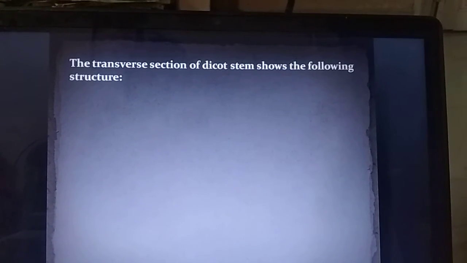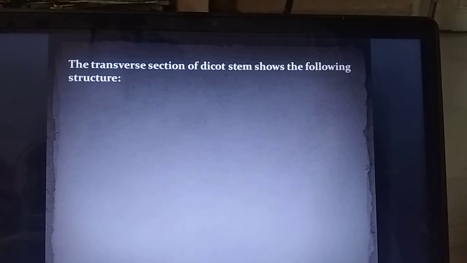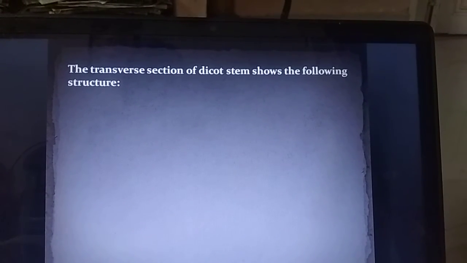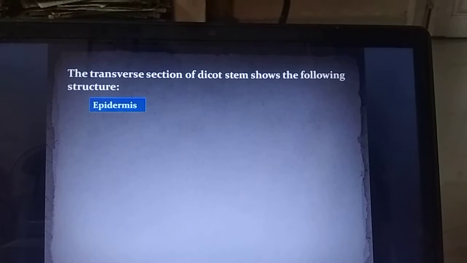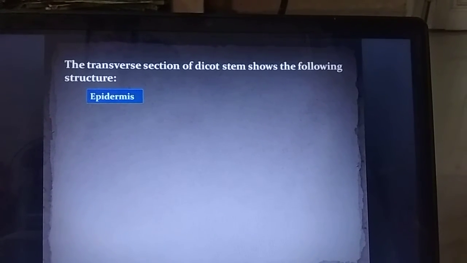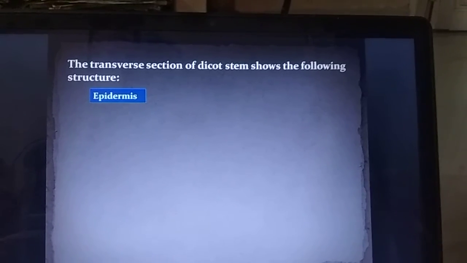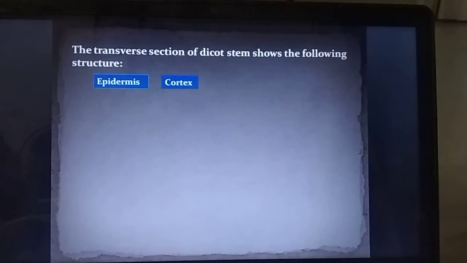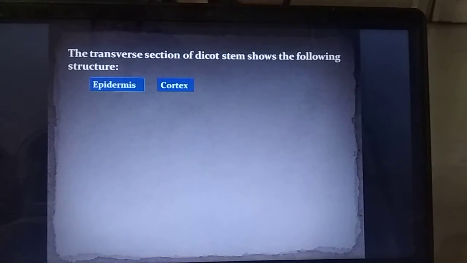The transverse section of dicot stem. Transverse section means TS of dicot stem. It shows the following structures. First one, epidermis. Next, cortex.